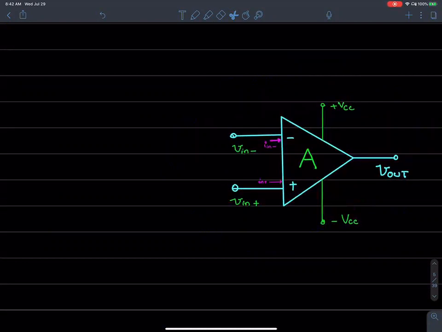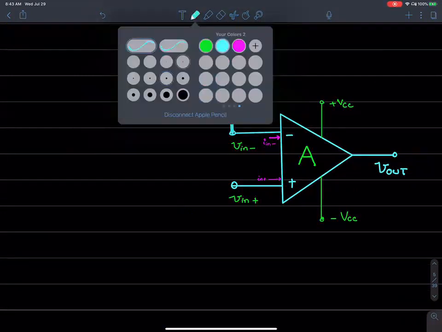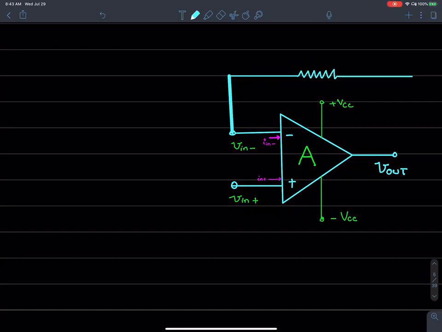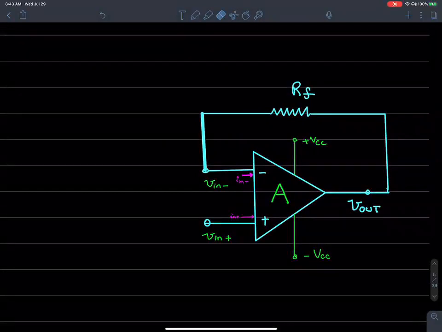It's very similar. What I do is I still tie a feedback to the negative terminal. The output is still tied back to the input through a feedback resistance RF. There is a feedback connected to the negative terminal here.